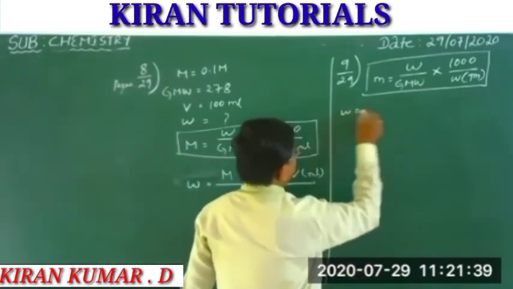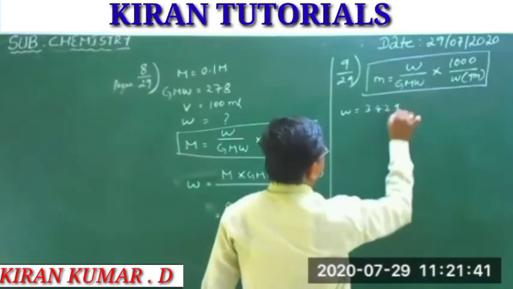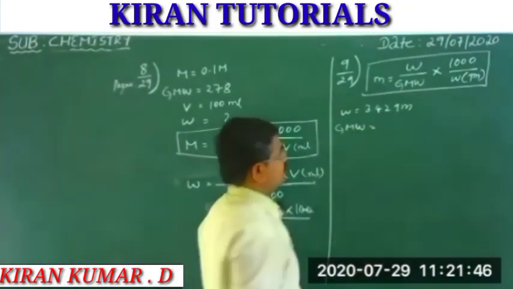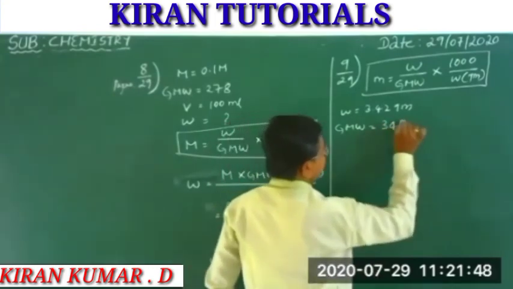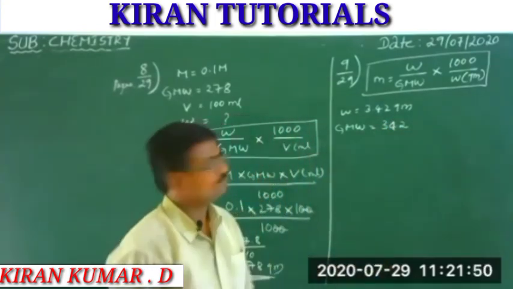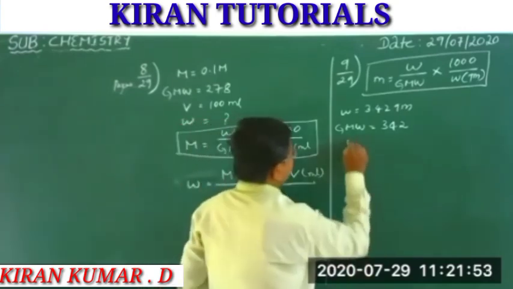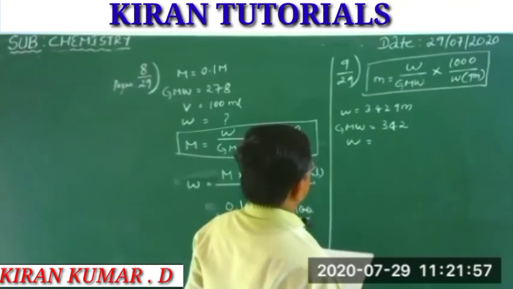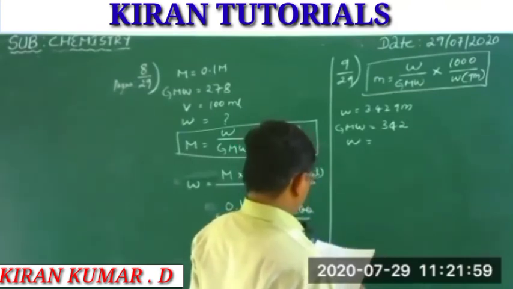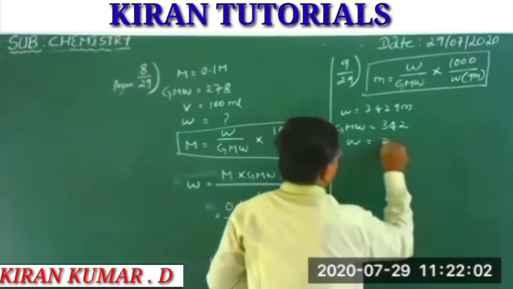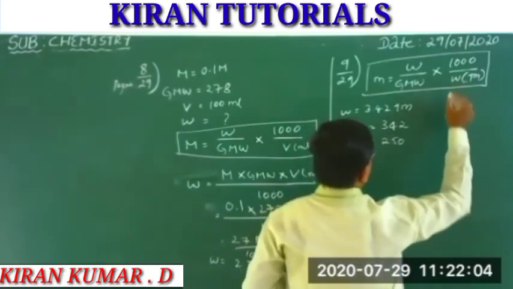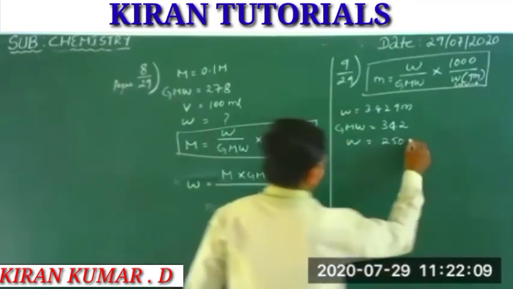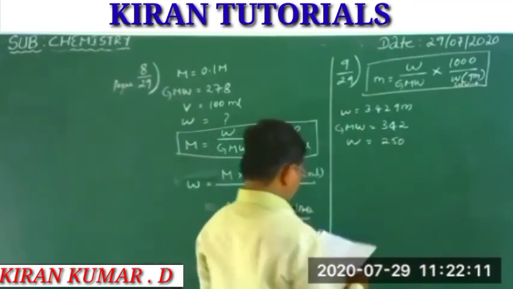Here W is equal to 3.42 grams. Gram molecular weight 342 is given. And what is the weight of solvent? Here solvent 250 grams.